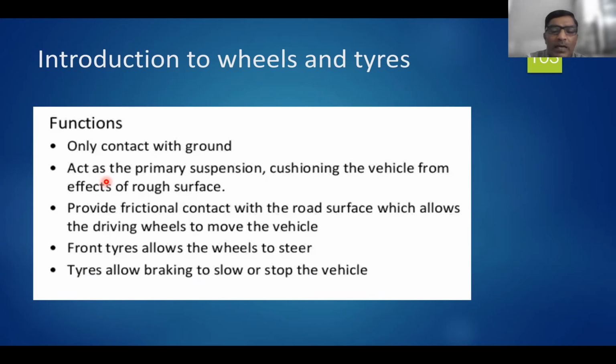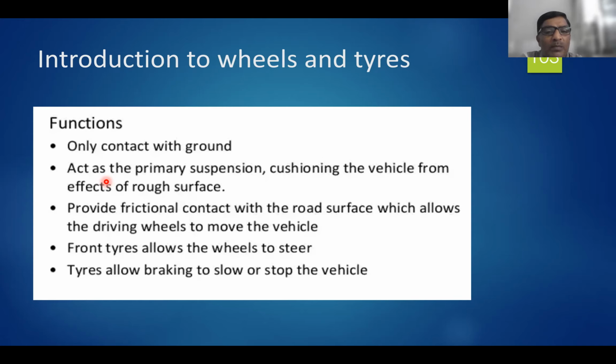So generally in the suspension system, leaf springs or coil springs are used to absorb the shock, and the damper is used to dampen down the amplitude of the vibration.